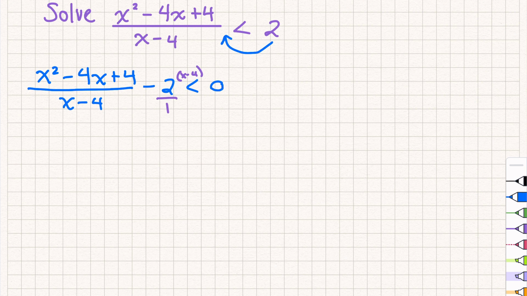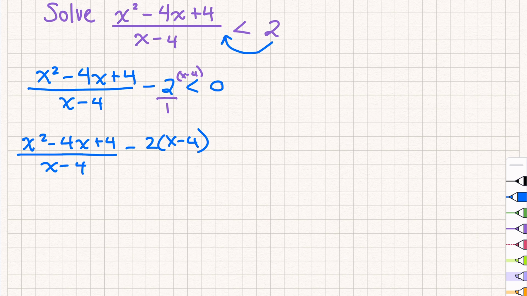Okay? And this side is just being multiplied by 1. So now we're going to have (x squared minus 4x plus 4) over (x minus 4) minus (2x minus 4) over (x minus 4).